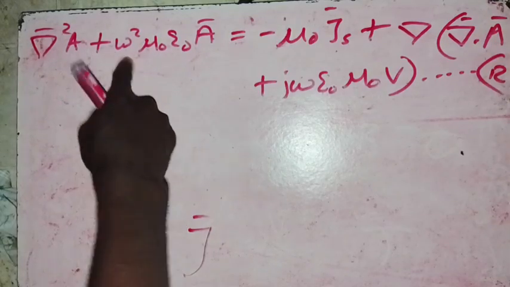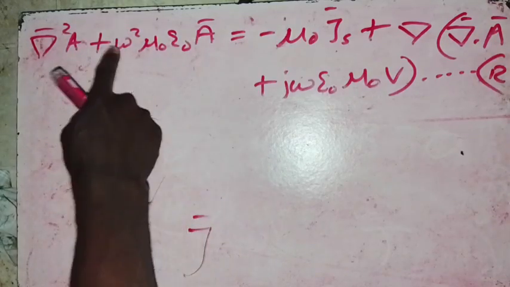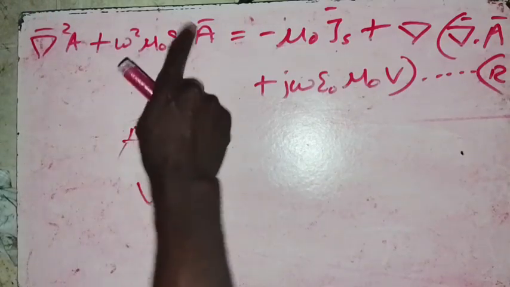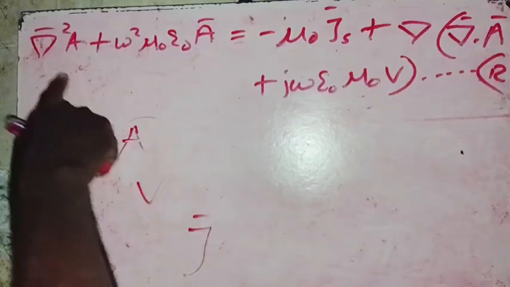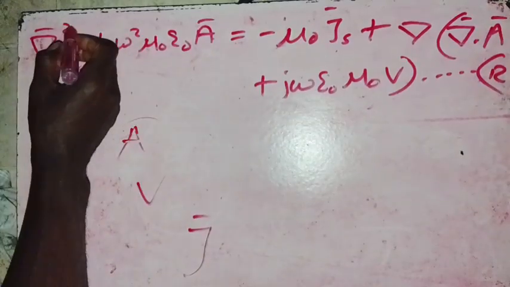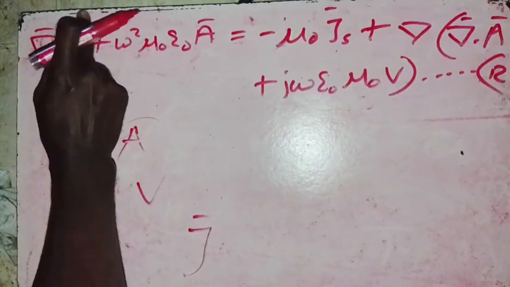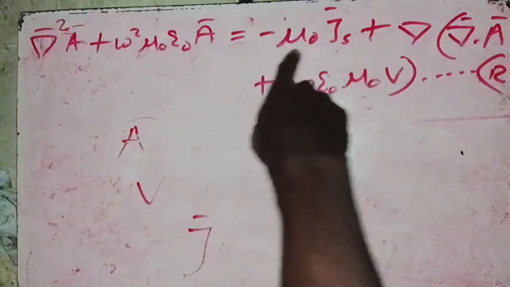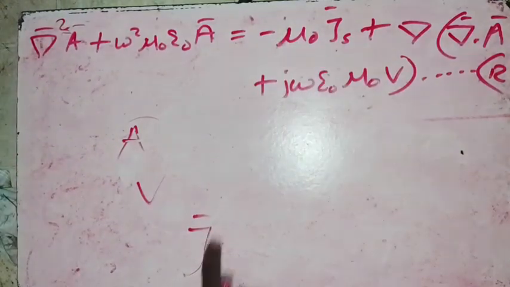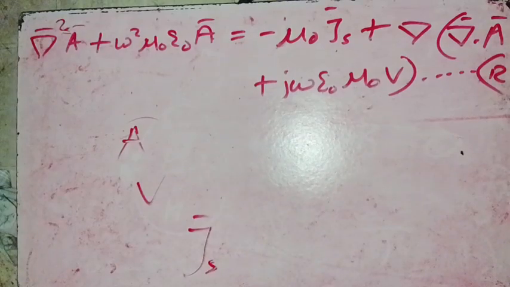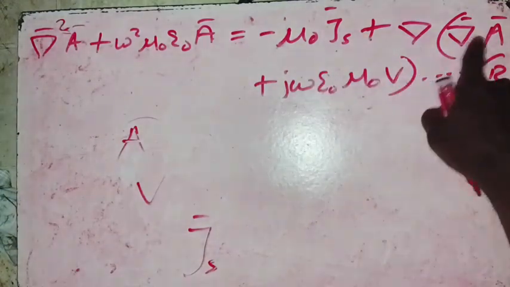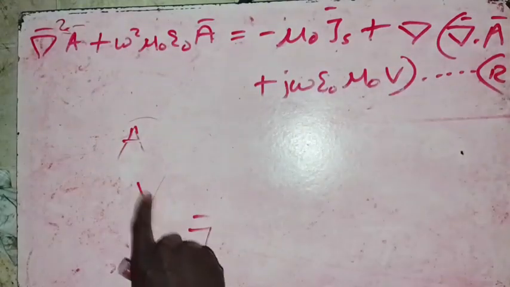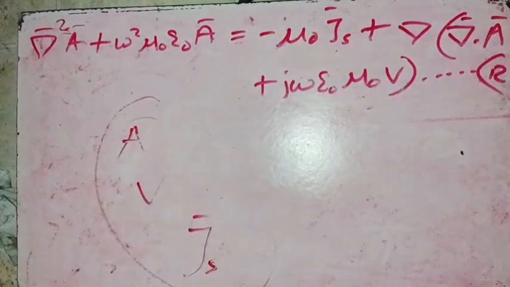I know they are Greek letters, but they represent numbers. And this guy, the same as this, should have a bar on top of it. And then you see this, which is J_S, and then you see this, which is this. So equation 12 contains these three.